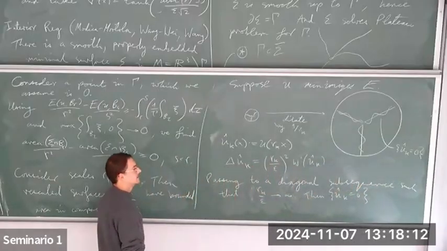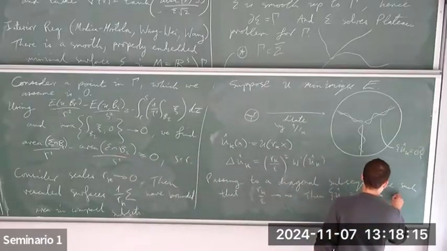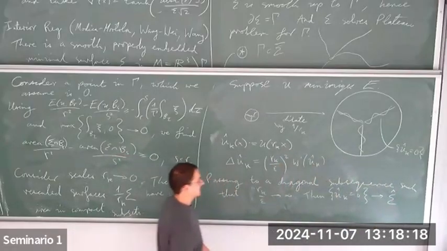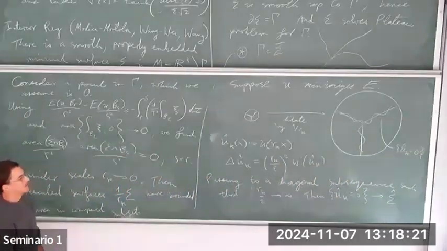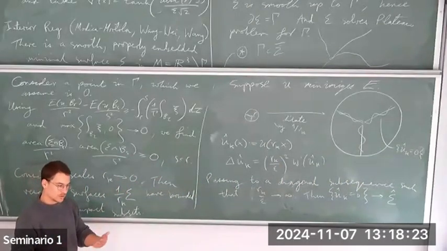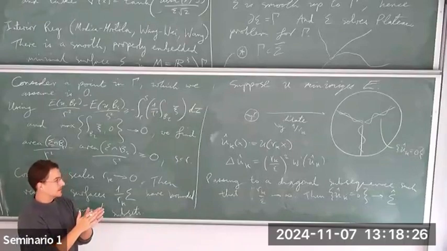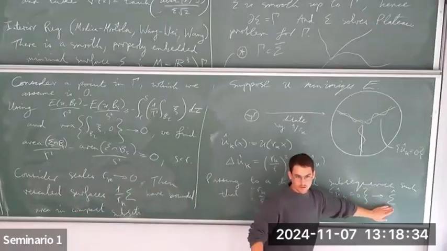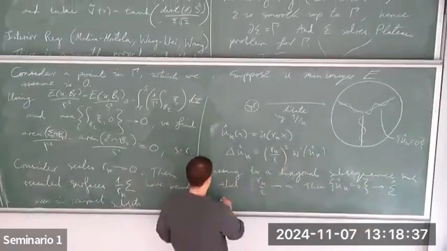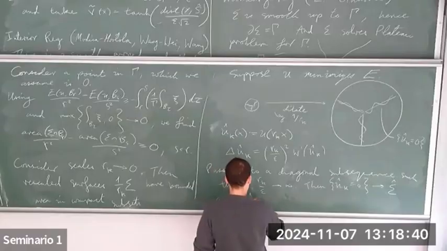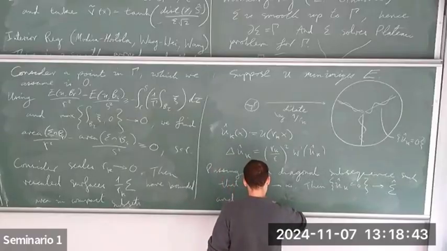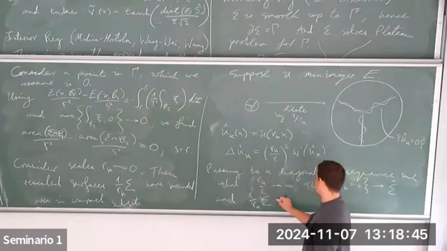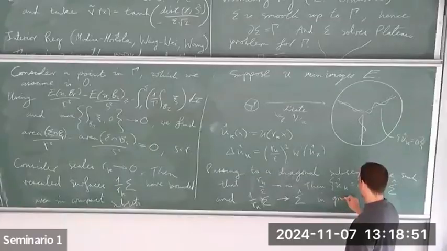So I can arrange that the 0 sets of the rescaled sections converge to some limiting surface sigma hat, and as long as I also choose my subsequence such that these 0 sets converge to the rescaled surfaces quickly enough, they have no other choice but to converge to the same limit. So I also get that a rescaling of sigma converges to sigma hat.